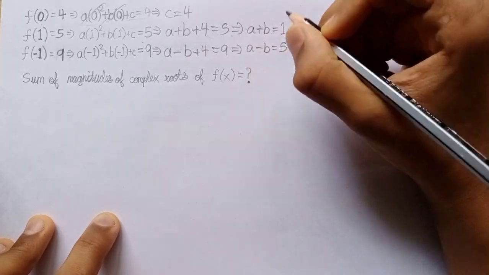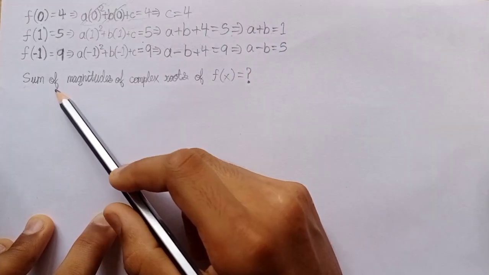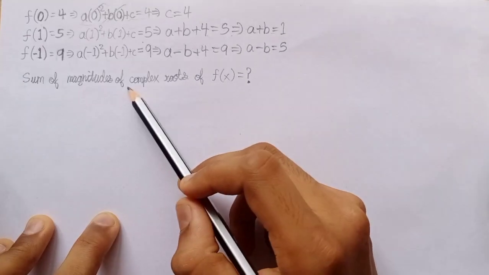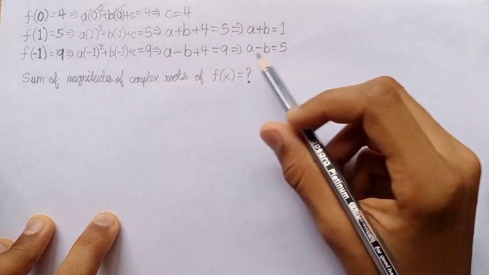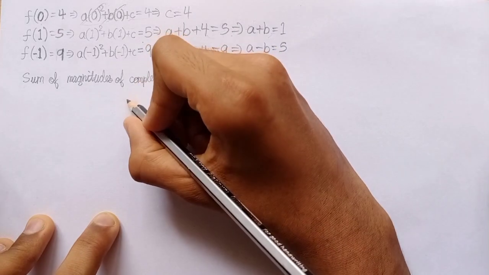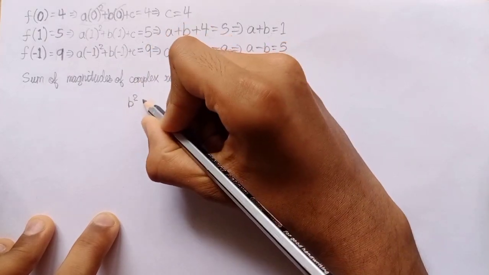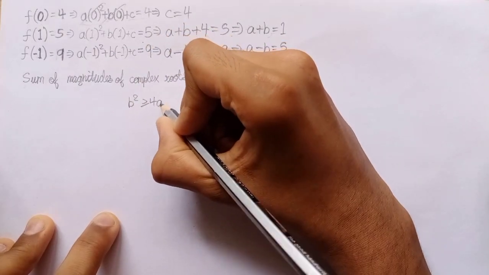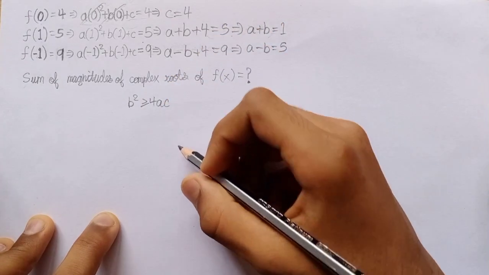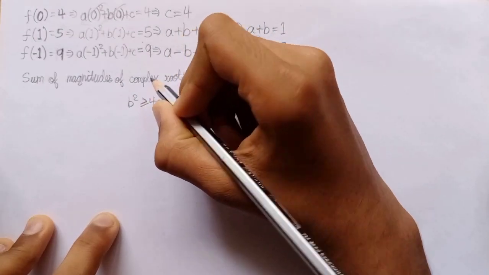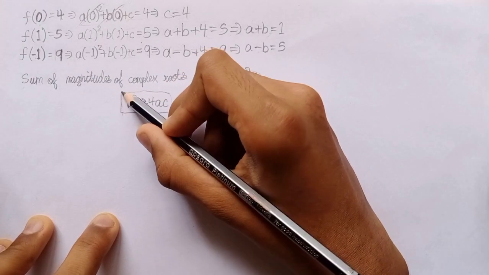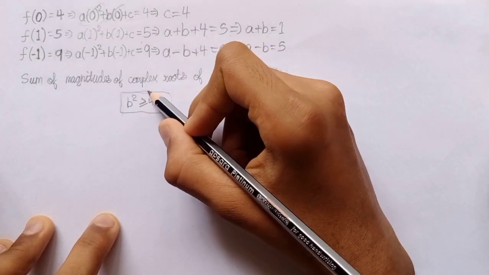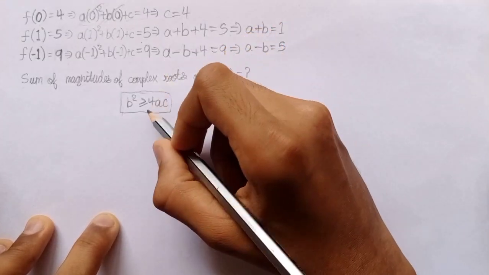Now here they asked us the sum of the magnitudes of the complex roots of f of x. We don't know how many complex roots this equation has, so we have to verify that b squared is greater than or equal to 4ac. If it satisfies this condition, then it gives only one or more real roots.